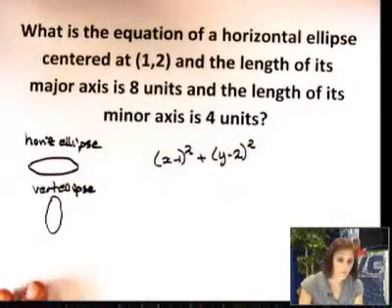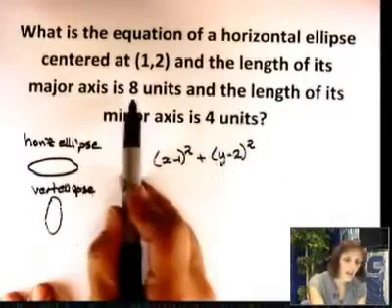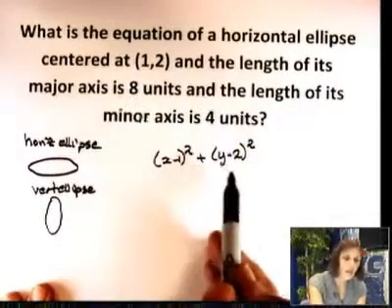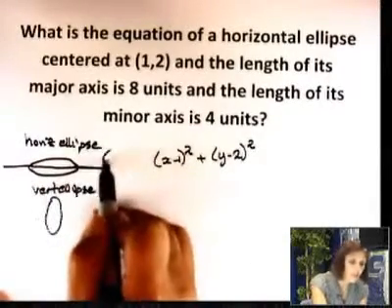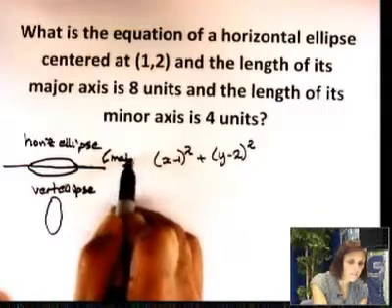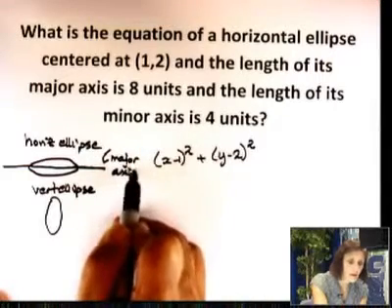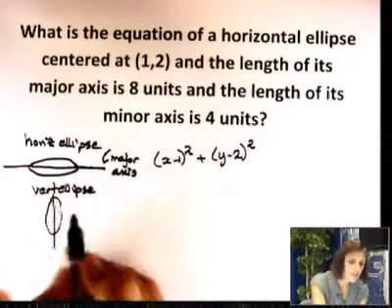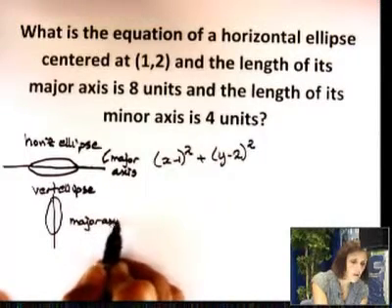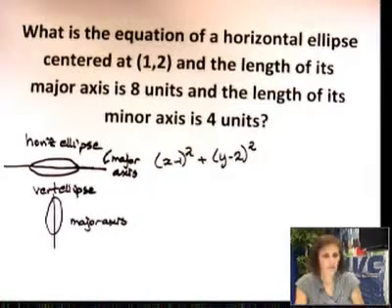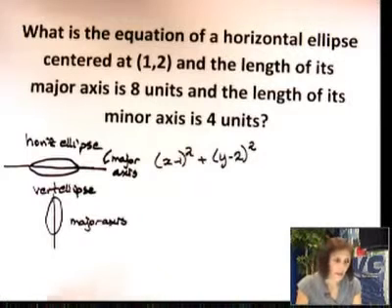That's kind of given. And the length of this major axis is 8 units. Major axis, that means the fat part, that's called major axis. And in this case, this is the major axis. All right? So the length of my major axis is 8.